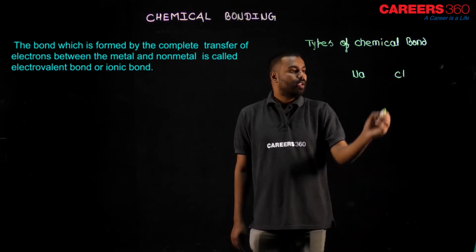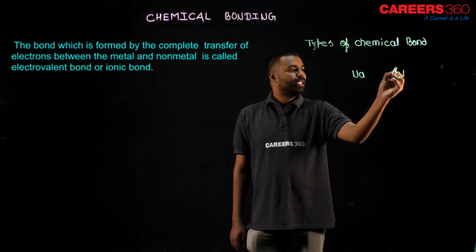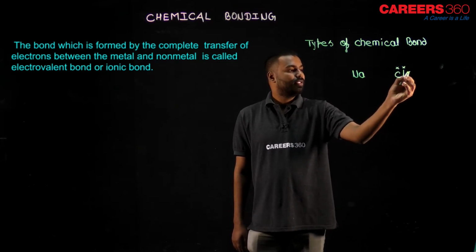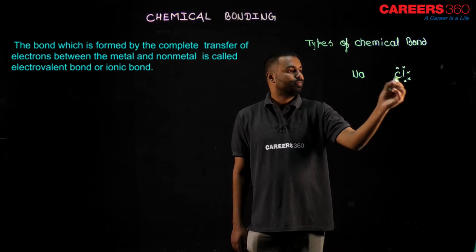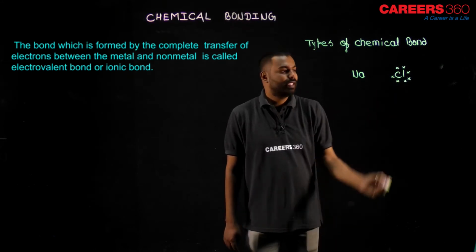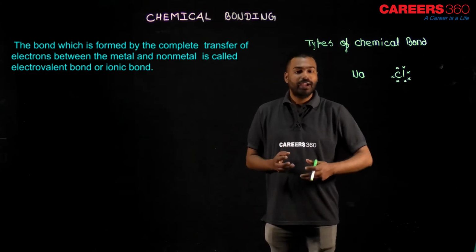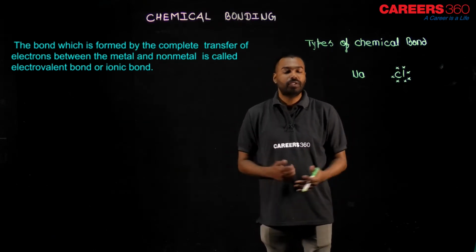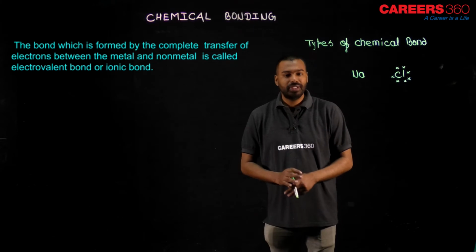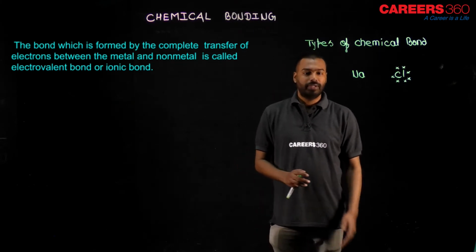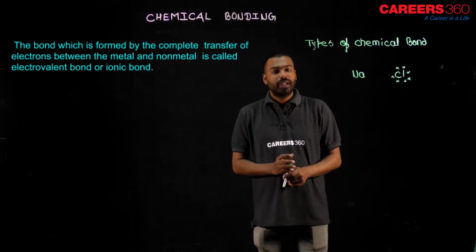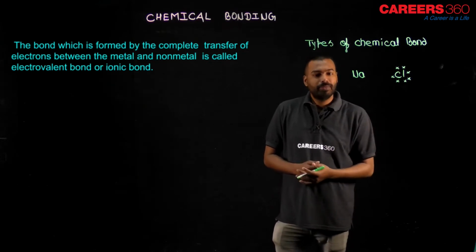Chlorine has 7 electrons in the outer shell, the valence shell. If chlorine gets 1 more electron, it will have 8 and a complete octet, because completing 8 electrons in the valence shell is called octet completion.